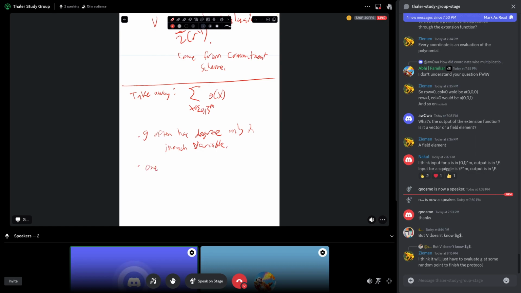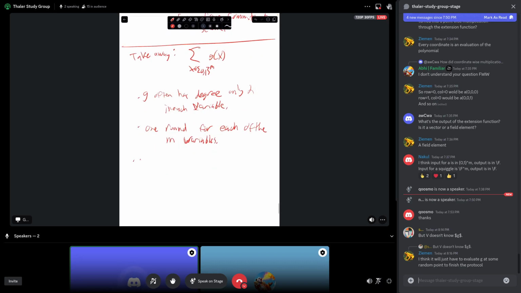There's one round per variable. The prover's message in each round is a degree 2 univariate polynomial, so it's just sending 2 or 3 group elements in each round.